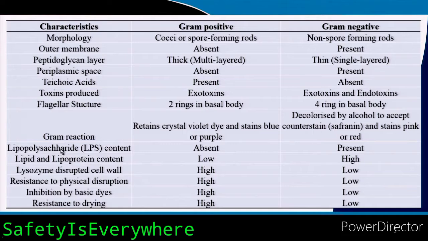I've also mentioned that lipopolysaccharide is absent in gram-positive bacteria and present in gram-negative. There are several other differences between lipids, lipoproteins, lysozyme, their resistance to physical disruption, the inhibition by dyes, and the resistance to drying. You can see that because of the nature of the peptidoglycan layer, all these differences are a consequence of that difference.